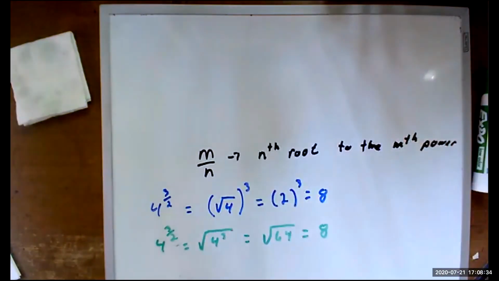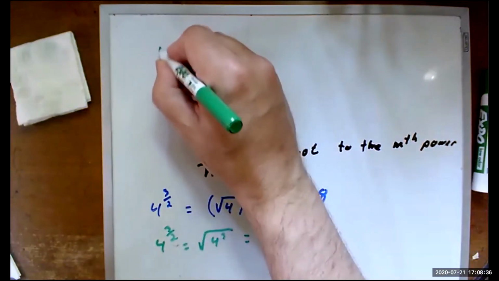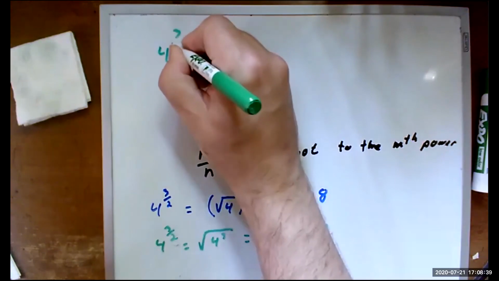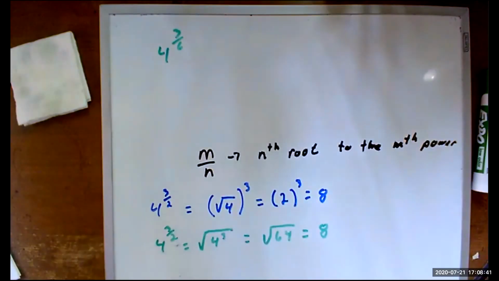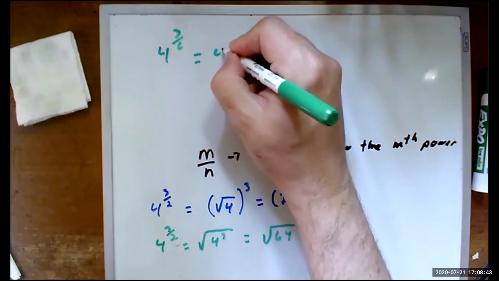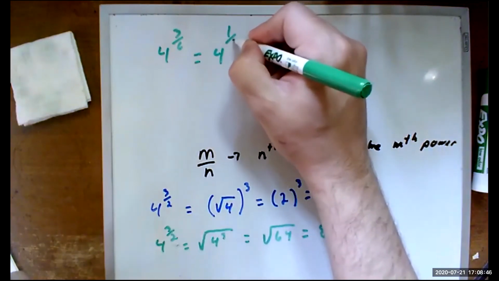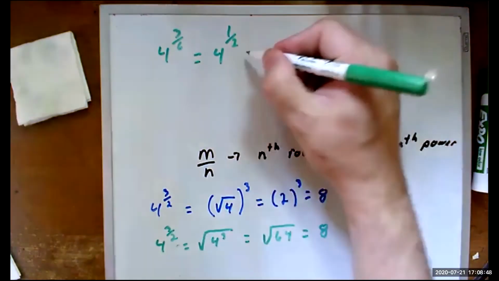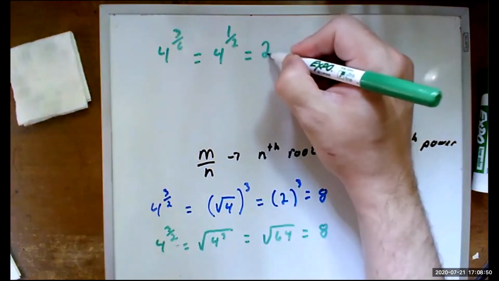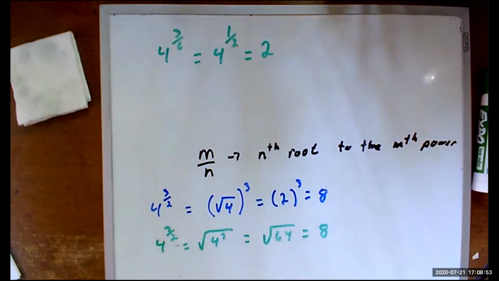So if I have 4 to the power of 3 over 6, well, 3 over 6 reduces. So I can just reduce that fraction down to 1/2, which, as we learned just now, is the same as asking for the square root. So we just take it, and we're good.